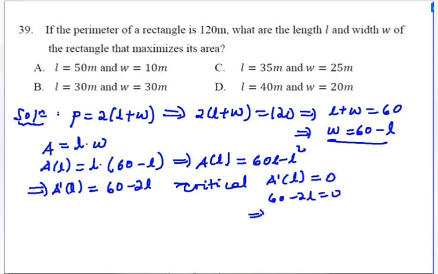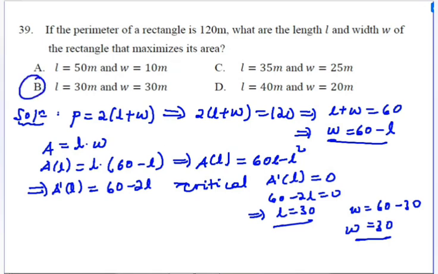This implies L is 30. Therefore, if L is 30, W becomes 60 minus L, so W is also 30. For these length and width, the area of this rectangle becomes maximum. Therefore, the answer for this problem is B.